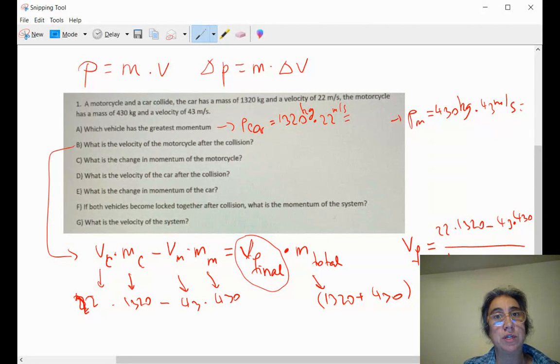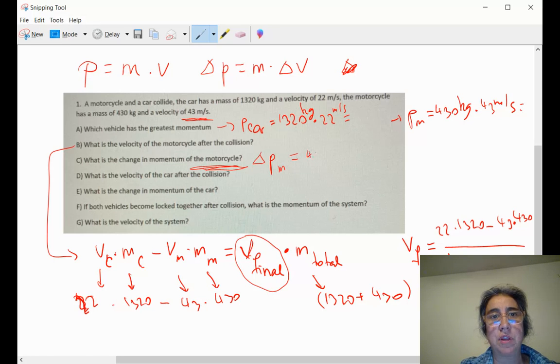Then we can consider the initial velocity, and since we're talking about the motorcycle, I am going to take the initial velocity of the motorcycle as 43 meters per second, and then subtract 6, roughly estimated. So the change of momentum of the motorcycle, let me write it here, M for the motorcycle, is equal to the mass of the motorcycle, and I'm going to plug it in.